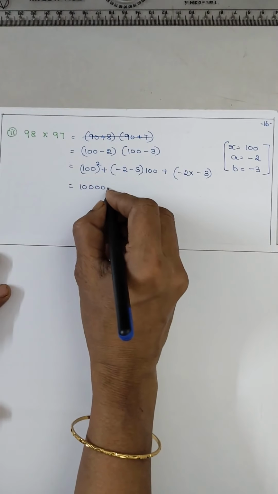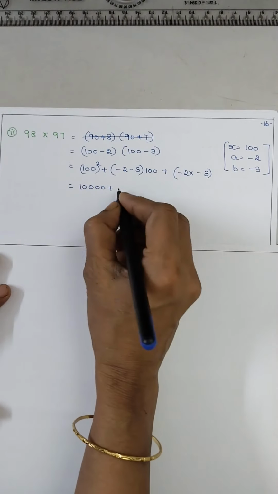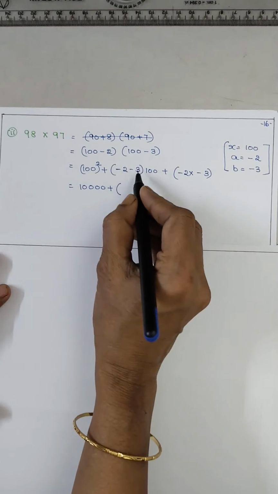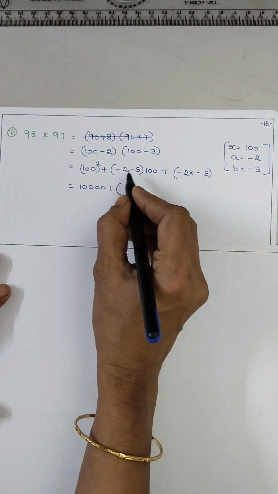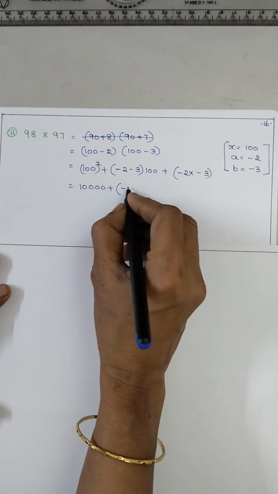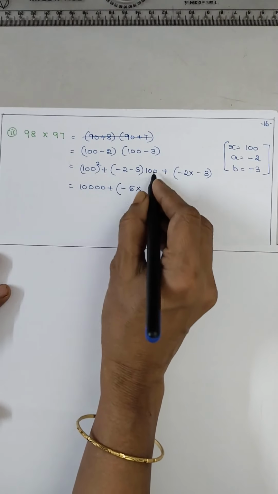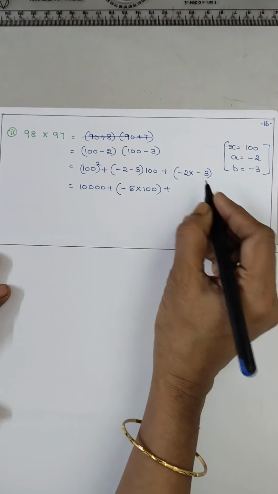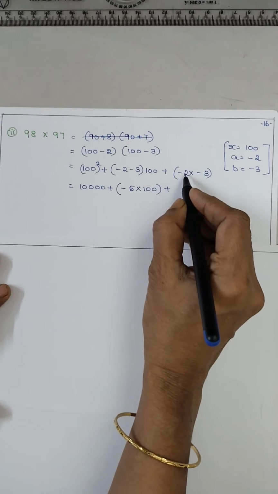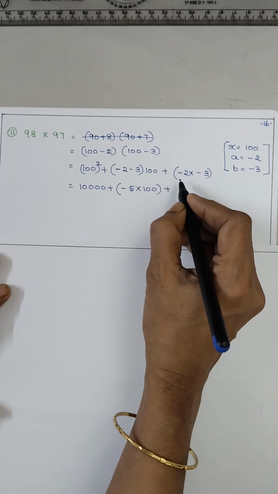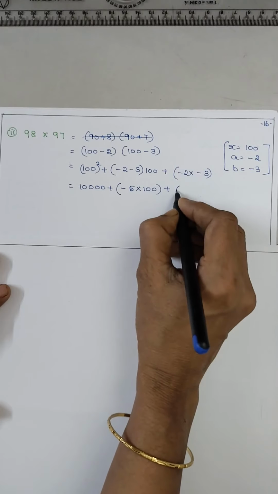Okay, put plus. Now bracket open, minus 2 minus 3, same sign, you have to add, sign is minus, 2 plus 3, 5, into 100. Plus, minus minus becomes plus. 2 3s are 6.